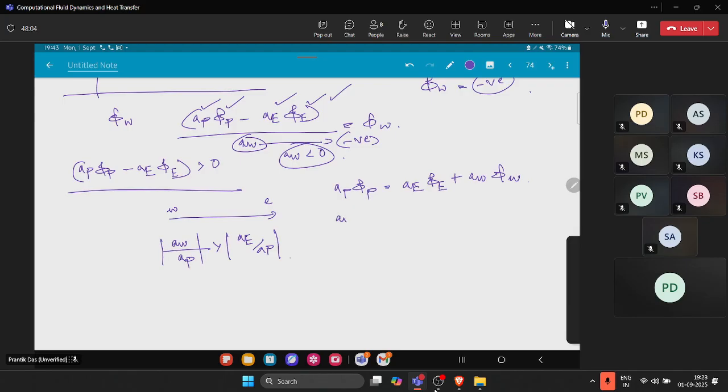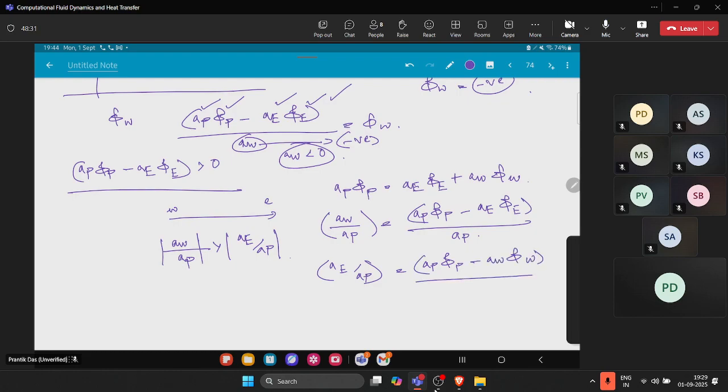So what is AW by AP? AW by AP is basically AP phi P minus AE phi E divided by AP, and AE by AP is basically AP phi P minus AW phi W divided by AP. Okay.